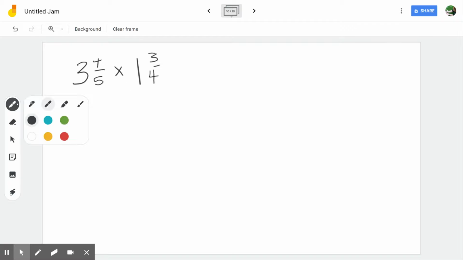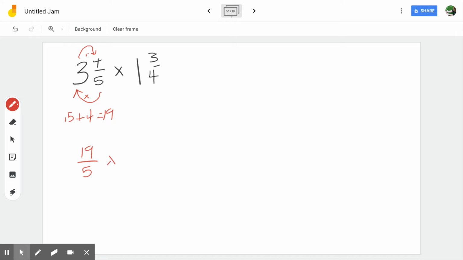So we're going to have to do that process for both of them to make them into improper fractions. So 5 times 3 is 15. And then 15 plus 4 is 19. Okay. Now we have 19/5 because that's our original denominator. 3 4/5 is the same as 19/5.